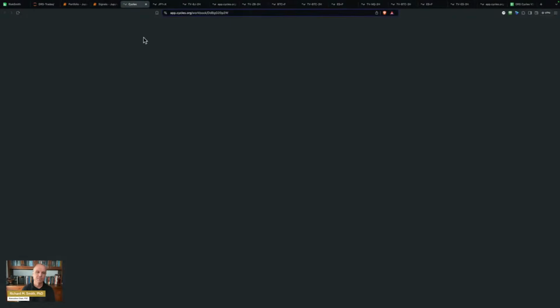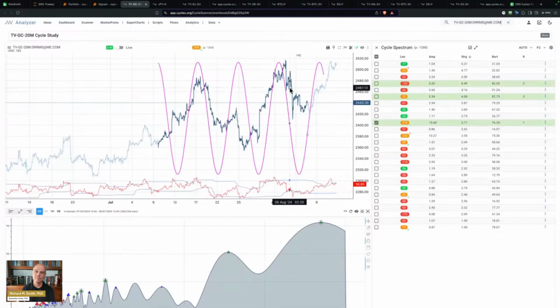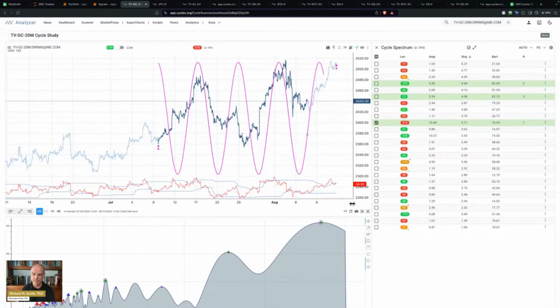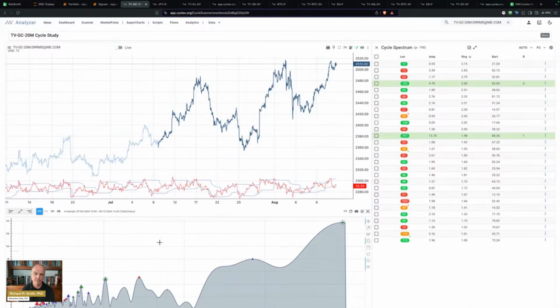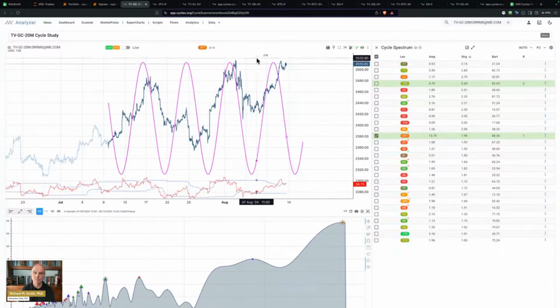First, I'm going to look at the 20-minute cycles in gold. We're tracking the 370. Let's update it for the latest data. It's now out to about 397, so it's stretching out a bit.